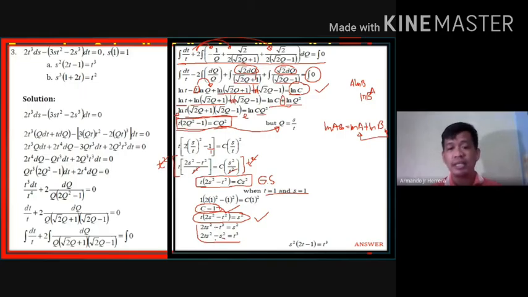Then s squared is common to both. That gives you s squared times the quantity 2t minus 1 equals t cubed. So this will be our answer: s squared quantity 2t minus 1 is equal to t cubed. So that will be our answer for that.